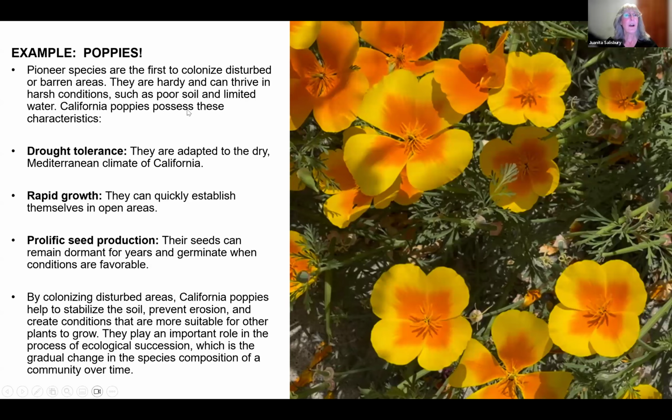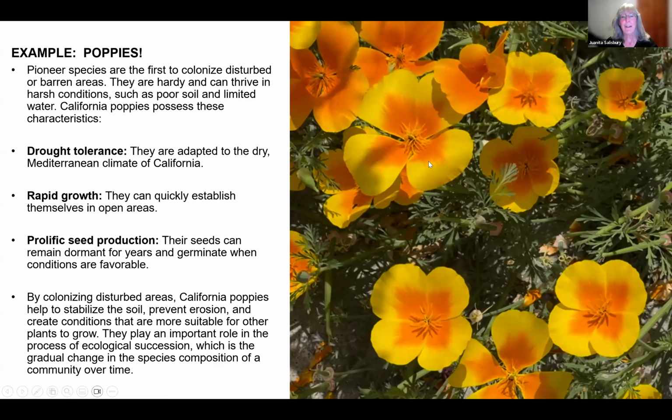They're hardy and can thrive in harsh conditions such as poor soil and limited water. They possess the characteristics of drought tolerance. They are adapted to the dry Mediterranean climate. They quickly establish themselves in open areas, and they are prolific in seed production. They will go everywhere, and they really are just gorgeous.